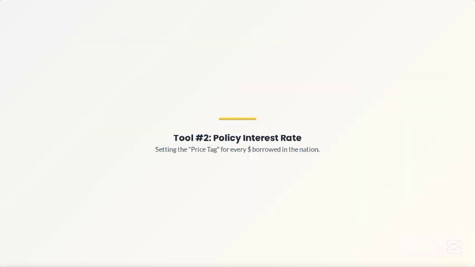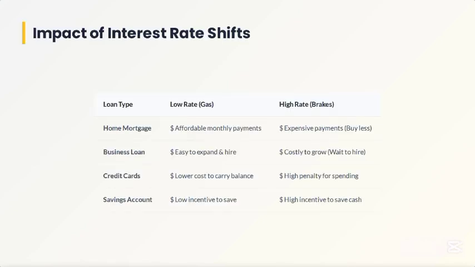Number 2. Policy interest rate. How does setting the price tag for every dollar borrowed in the nation affect the economy? Let's find out. The impact of interest rate shifts. With a low rate, home mortgage monthly payments are affordable, but with a high rate, it's the opposite.